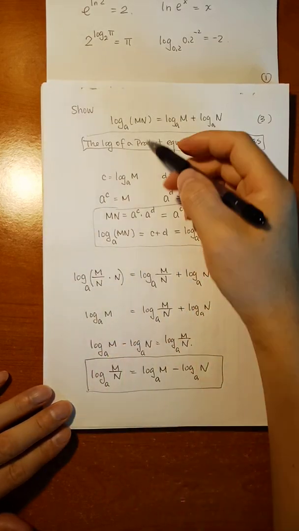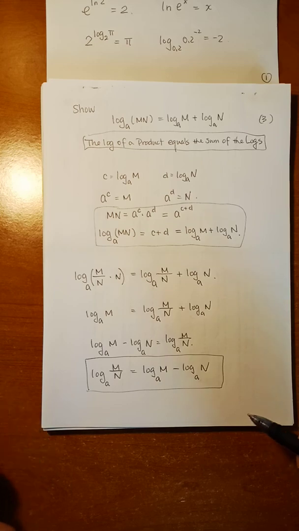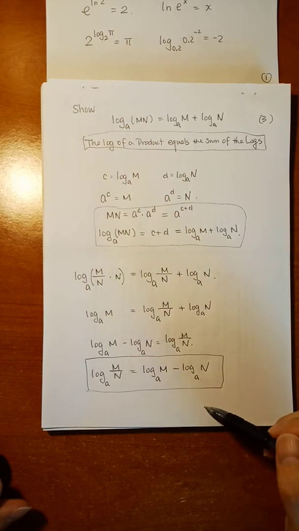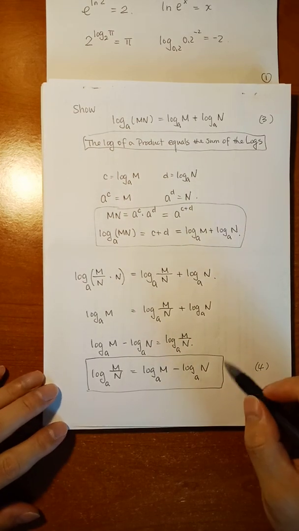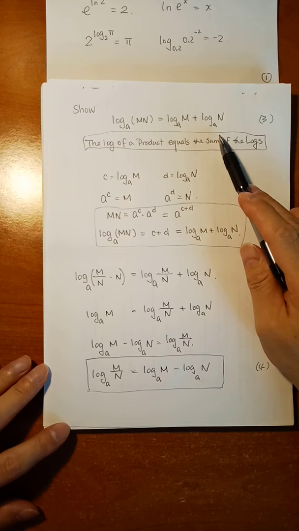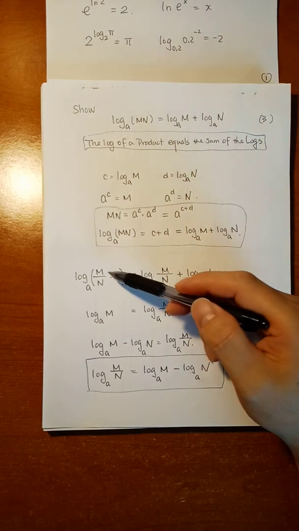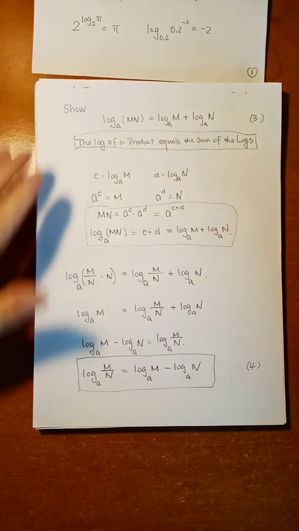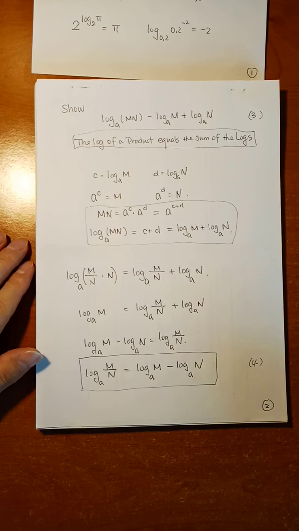The log of the quotient equals the difference of the logs. The log of a quotient equals the difference of the logs. This is a fourth property. And this property is just a corollary of the second property. Okay, so these two properties are equivalent. Just choose a special product, you get it.